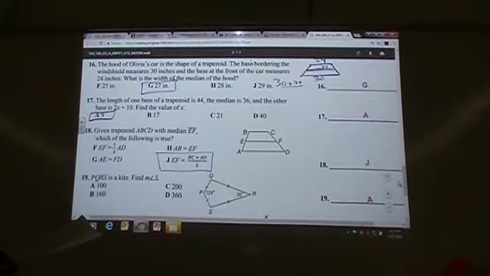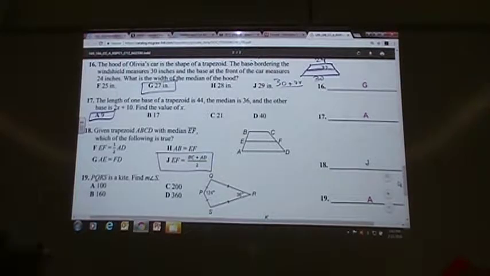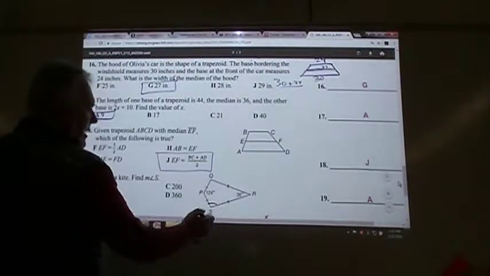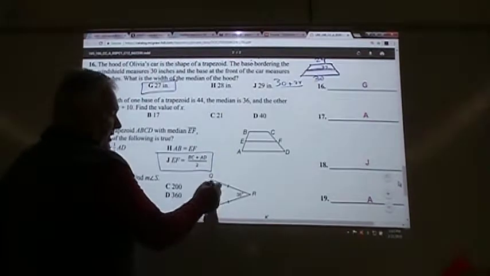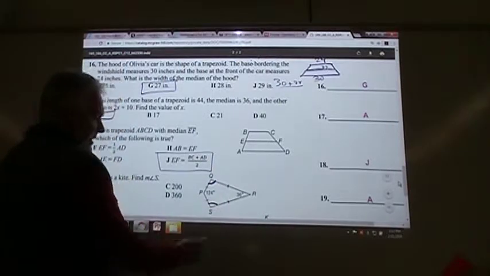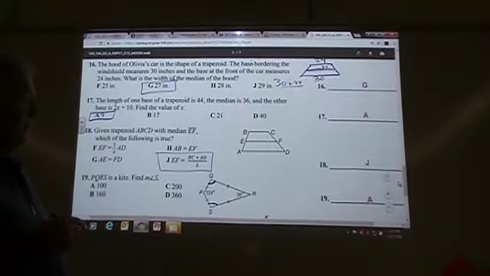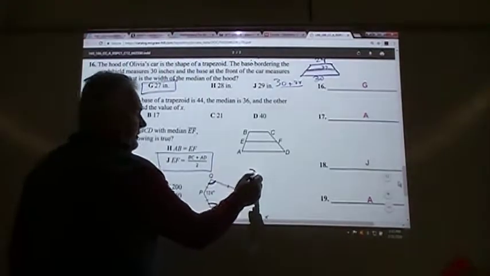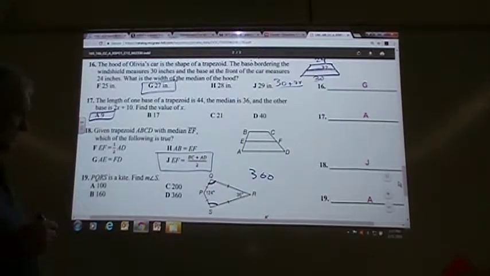And lastly, 19, PQRS is a kite. Find the measure of angle S. So we want to know this measurement. You got to know from a kite that you only have one pair of congruent angles. These and these two. They're congruent. It's a four-sided figure, so all four angles add up to 360.